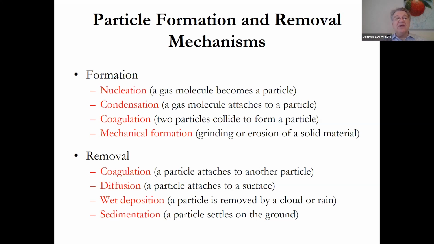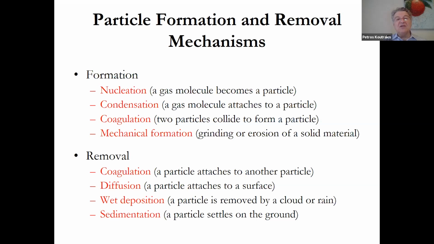With precipitation, when it rains, the particles can be scavenged by the clouds, and then when it rains, they precipitate. Or when it rains, the particles which are below the cloud are washed out, and usually after the rain, the concentration of particles in the atmosphere is very low.